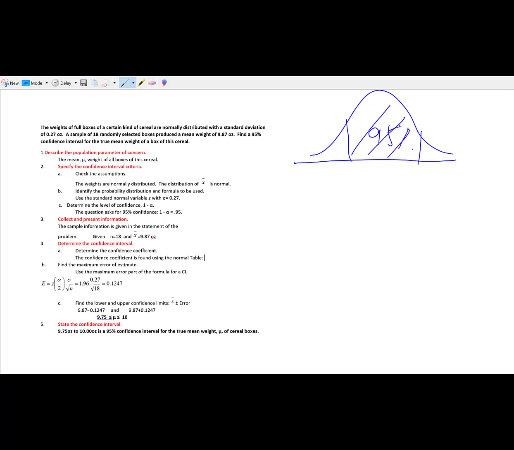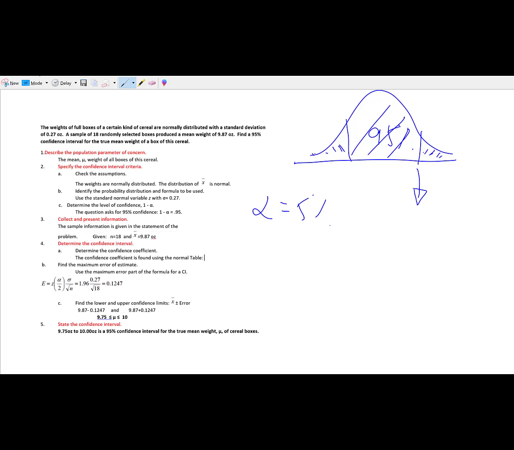So the error can be 5%, and due to the perfect symmetry we might have 2.5% left in the right side and 2.5% left in the left side. We are looking to calculate this cutoff point.